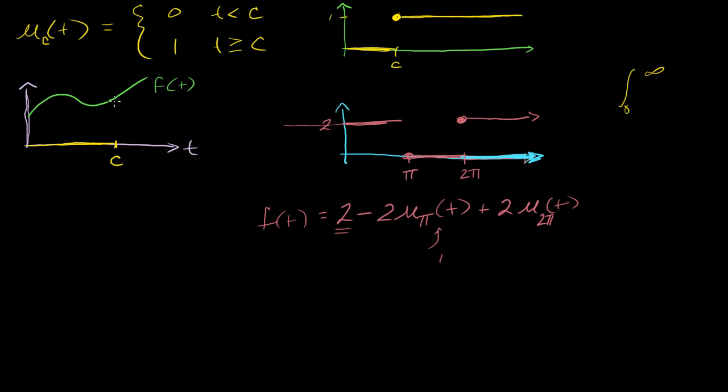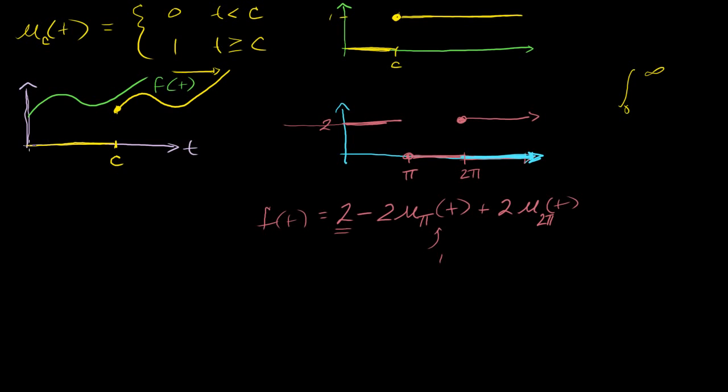And then at c, f of t kind of starts up. So right at c, f of t should start up. It kind of goes like this. So essentially what we have here is a combination of it being 0 all the way, and then at c, we have a shifted f of t. So it shifts that way.